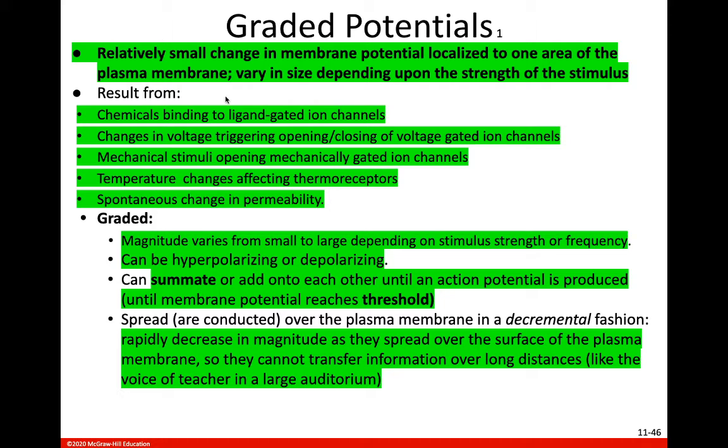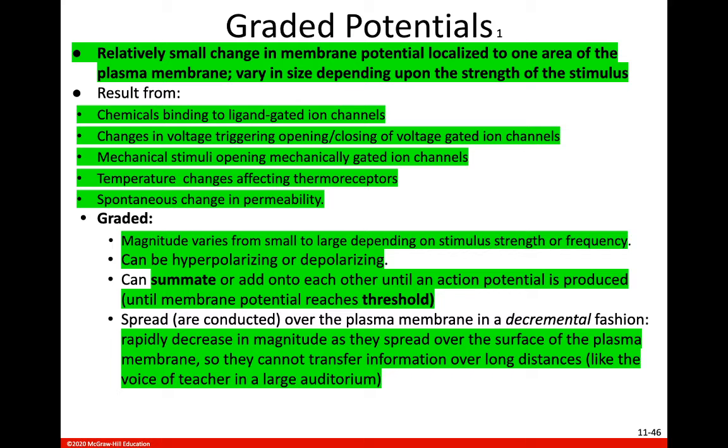What's important about these is that all these little changes can add together to give us a big change, to give us enough of a change in the charge to get us to threshold, which is then going to cause an action potential. So if we have a very small stimulus, then it's going to give us a very small change. And that may not end up getting us to threshold, which is going to open those voltage-gated ion channels and let us have an action potential.